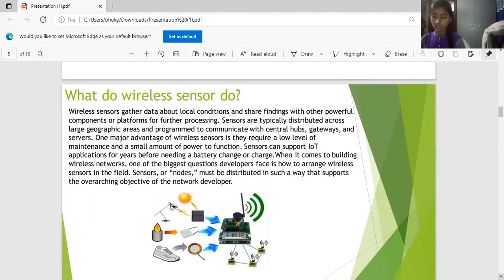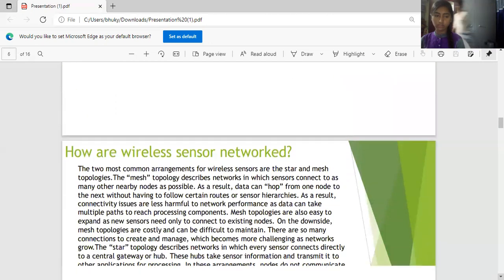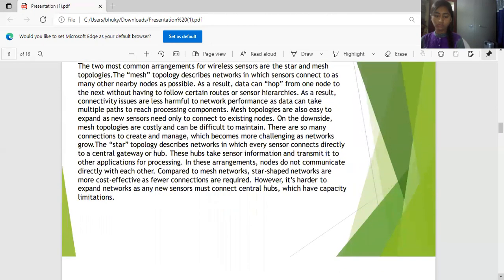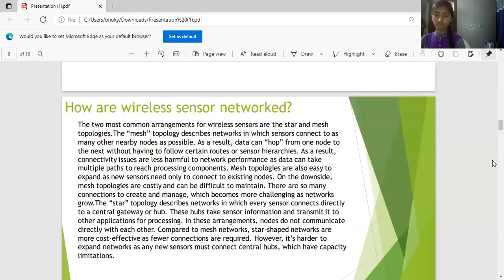Now let's see how wireless sensor networks are arranged. The two most common arrangements for wireless sensors are the star and mesh topologies.